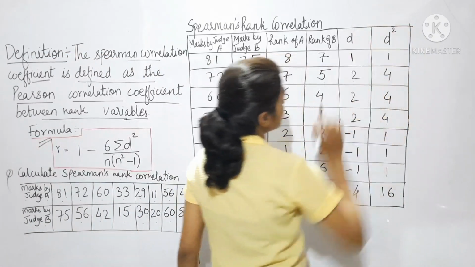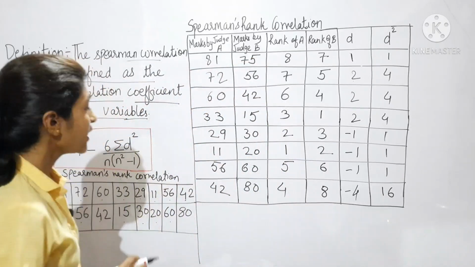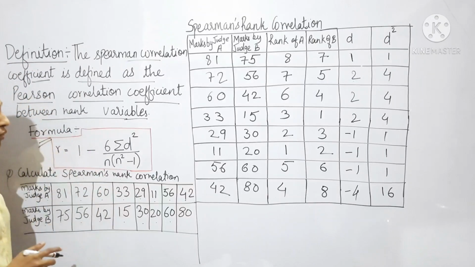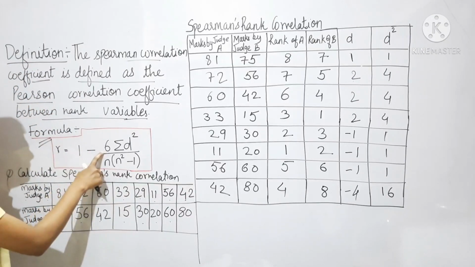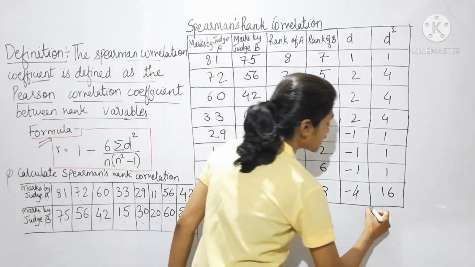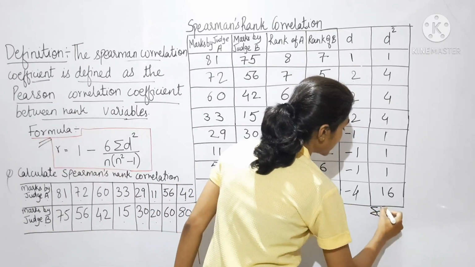Now, as per the formula, what do we require? 1 will be as it is, 6 will be as it is. Summation of d square. Summation of d square means the total of d square.